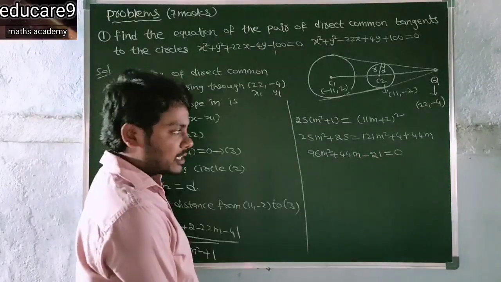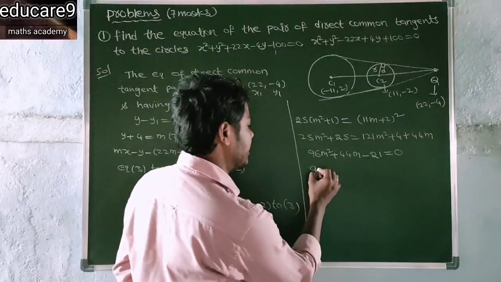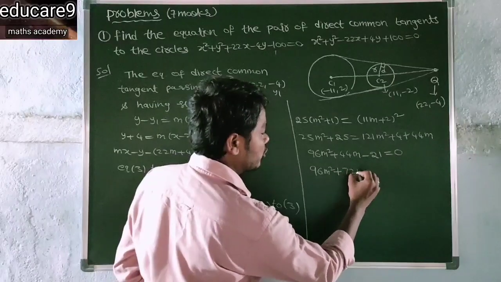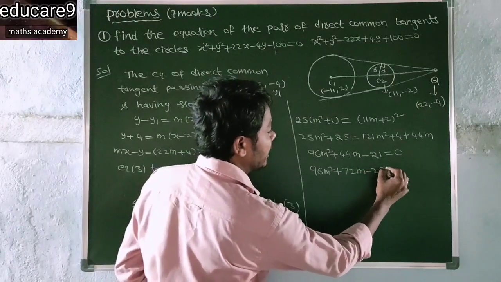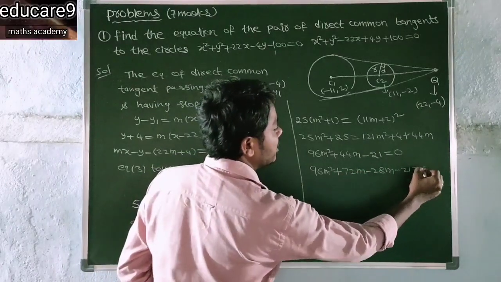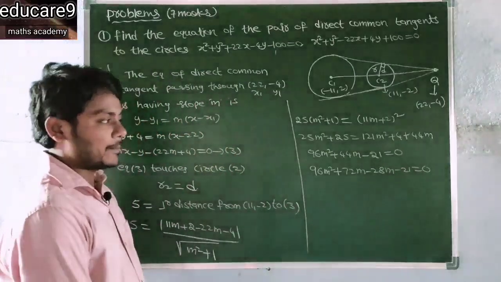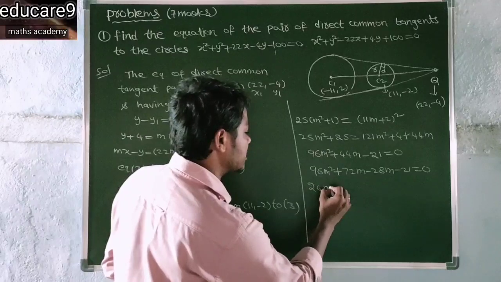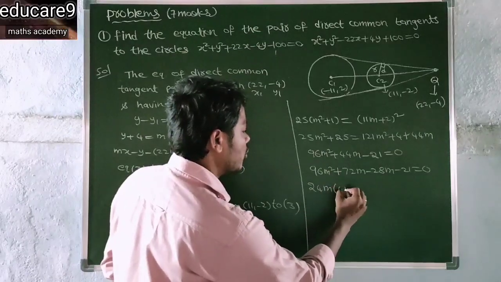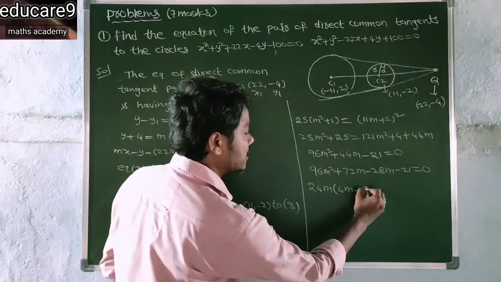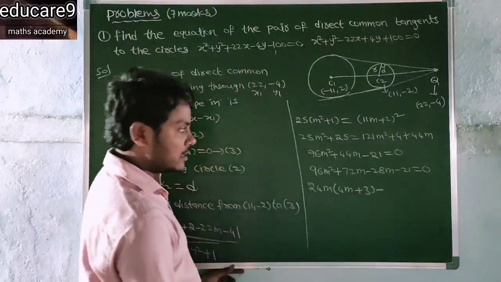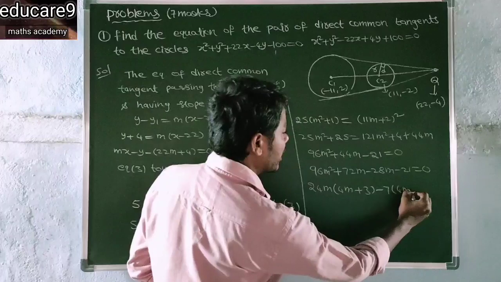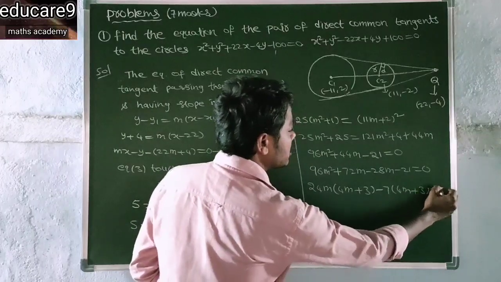So find the factors, that is 96m square plus 72m minus 28m minus 21 is equal to 0. Okay. Now here 24m is common. What you get? 4m plus 3, minus 7 is common. 4m plus 3 is equal to 0.